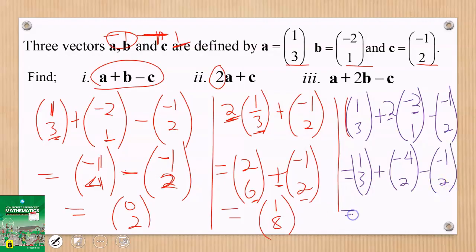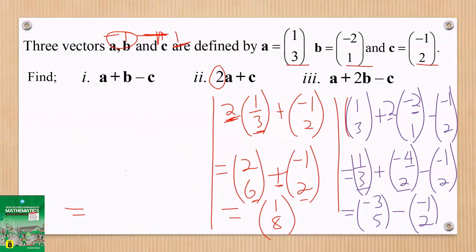Once again, I can now add: 1 plus -4 will give me -3. Then 3 plus 2 will give us 5. Then we have minus the bracket (-1, 2). Now let me transfer our answer: (-3, 5) minus (-1, 2).